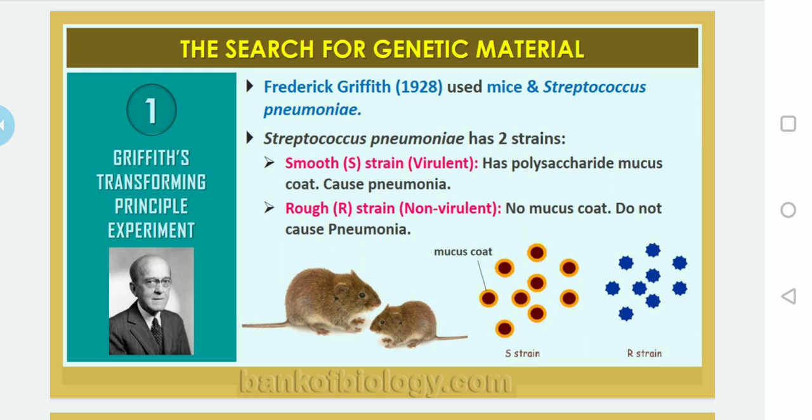So this is how he selected the two strains of Streptococcus pneumoniae: smooth virulent strain and rough non-virulent strain.